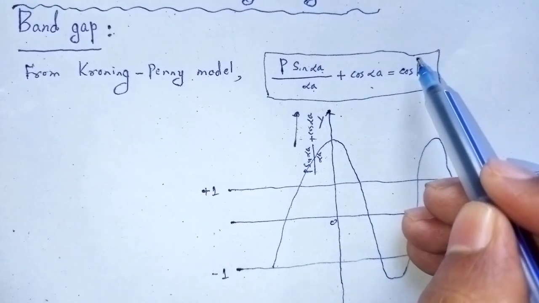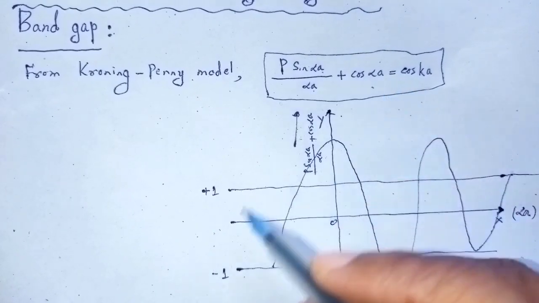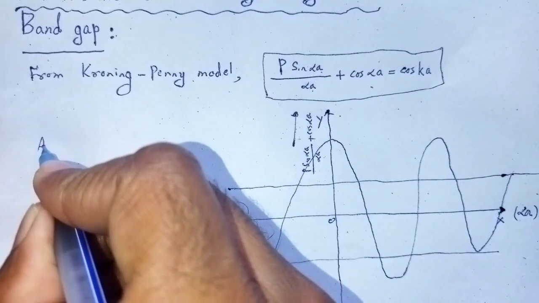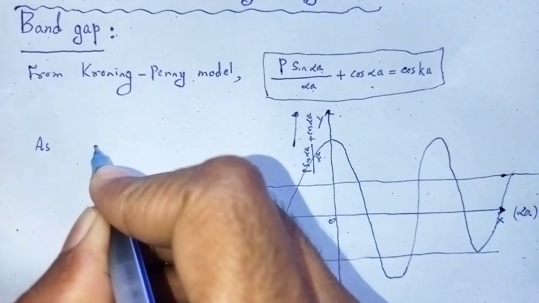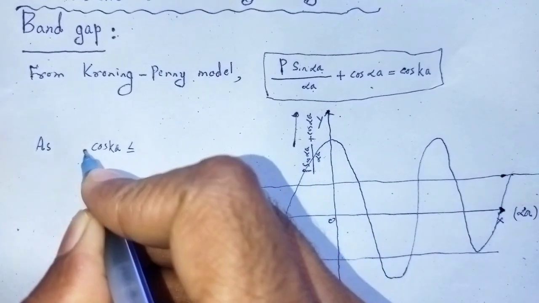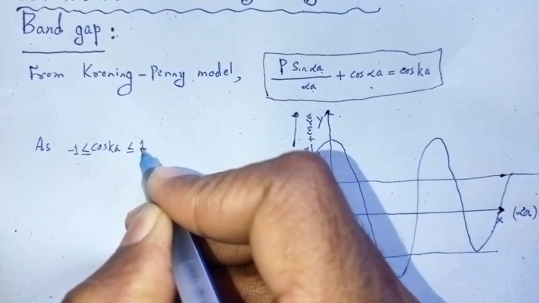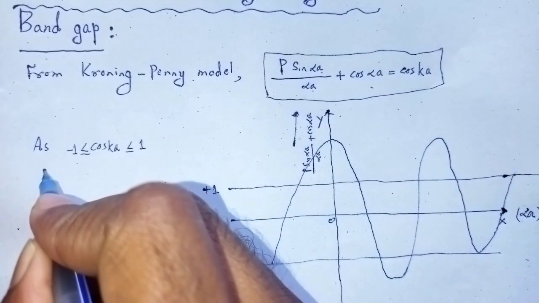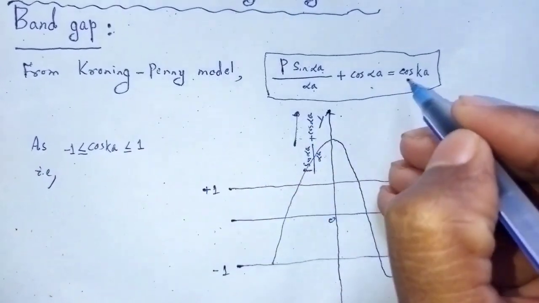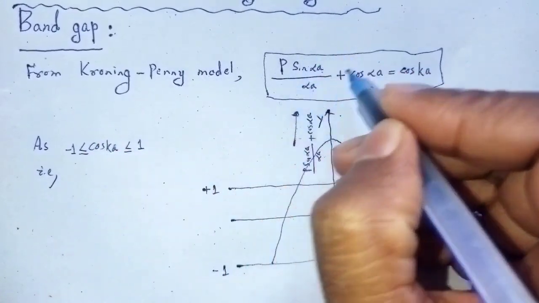But the value of cos Ka ranges from -1 to +1. Instead of cos Ka, we can write that quantity.